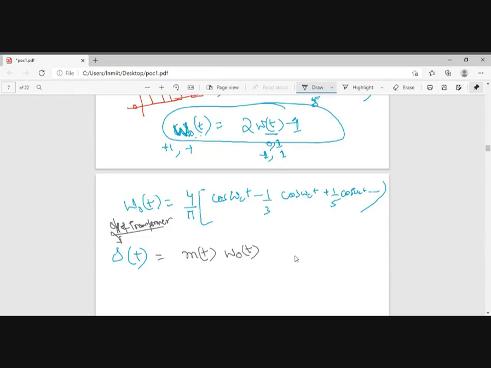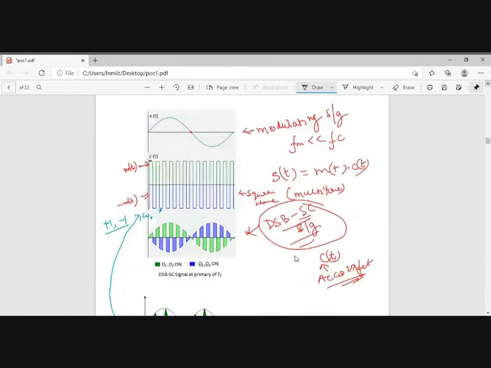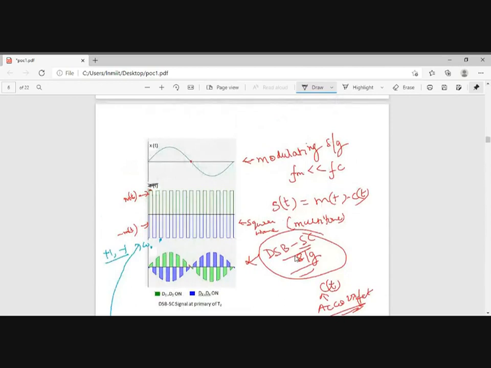I have used w naught t, not c(t), because c(t) will be a sinusoidal signal. So just for representation, I have used w naught t. We have already used c(t) as a sinusoidal signal everywhere, so for the sake of not creating confusion, I am using w naught t.